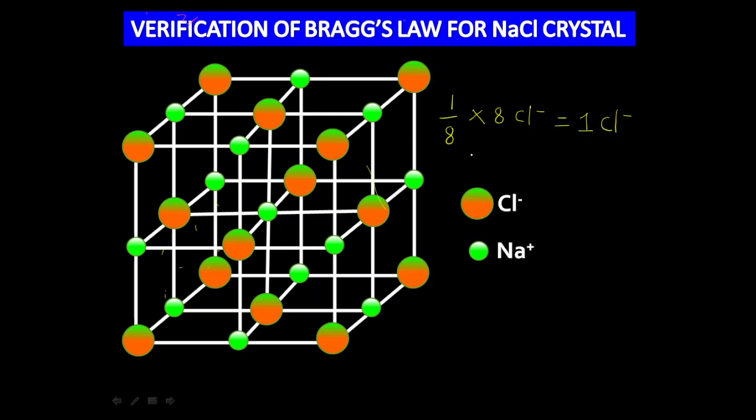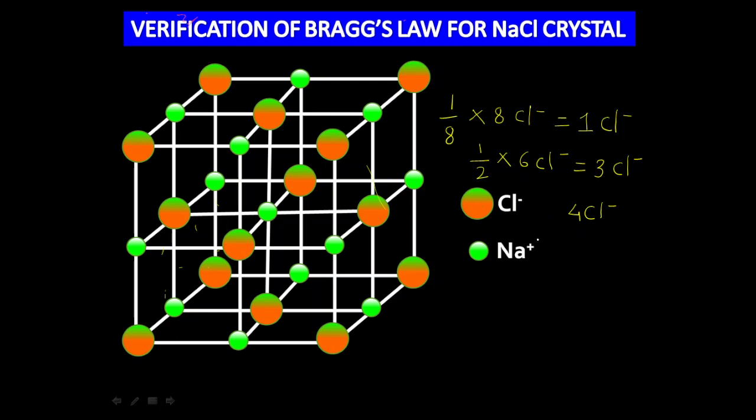The face centered contribution is 1 by 2 and there are 6 Cl- ions, so it will be 3 Cl. So 3 plus 1, it means there are 4 Cl- ions in this structure.